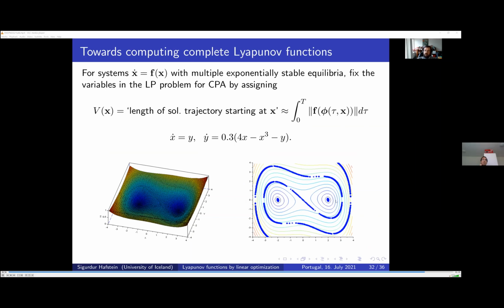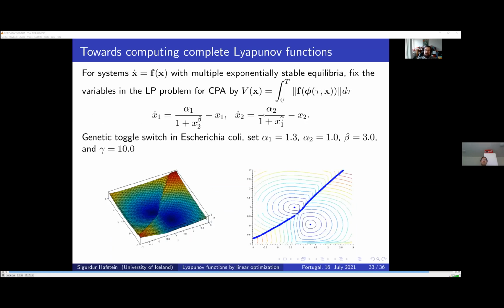Both are stable. From the level sets of the Lyapunov function we computed and then verified, everything starting here will go down here, everything starting here will go down here. And we actually see this boundary between these basins of attraction quite nicely.